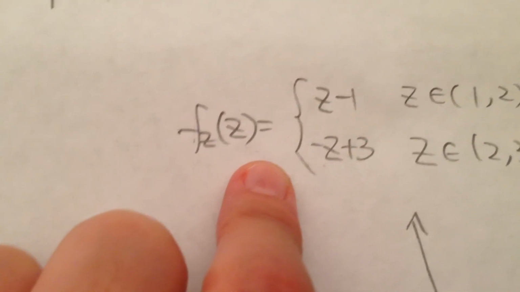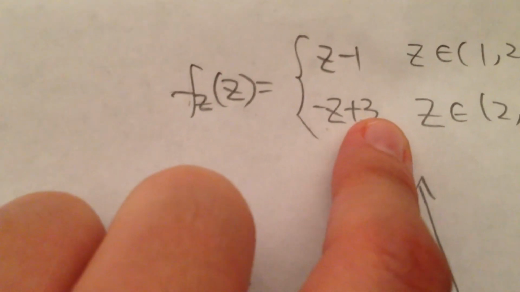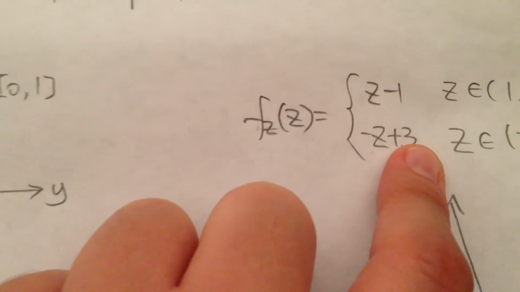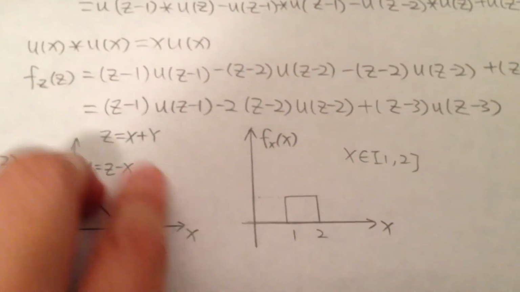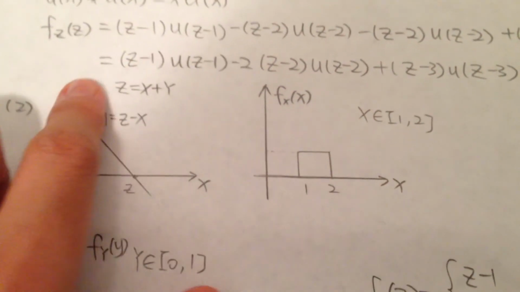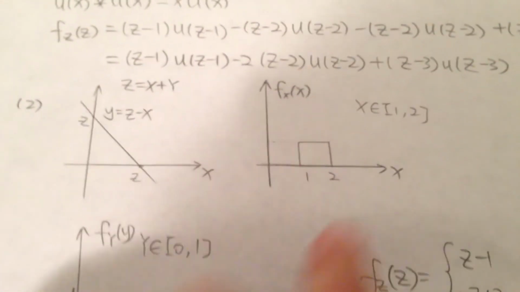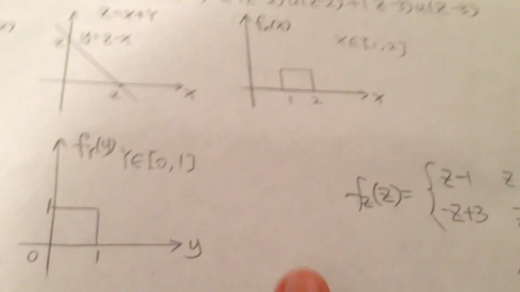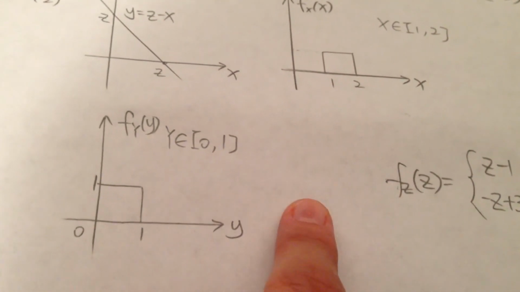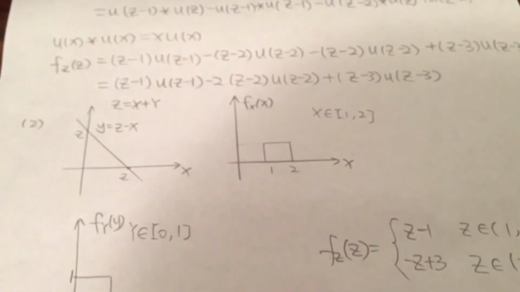Actually, the density function of z in this form is just the same as the answer we get from part 1. In part 1, we used the convolution method, but in this part, we use the geometric method. The answer should be the same.